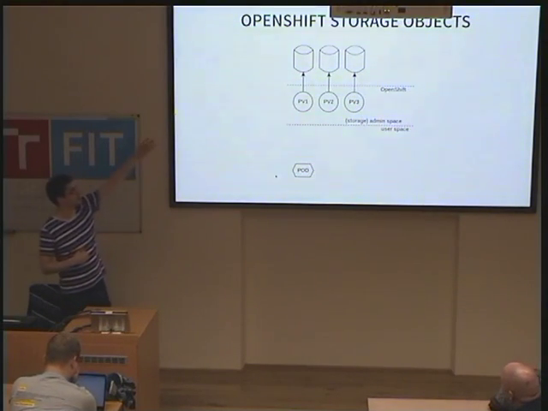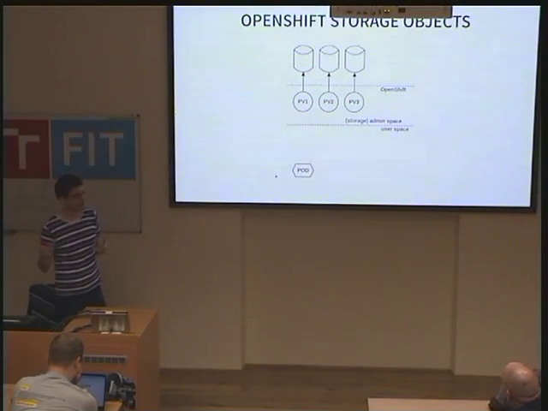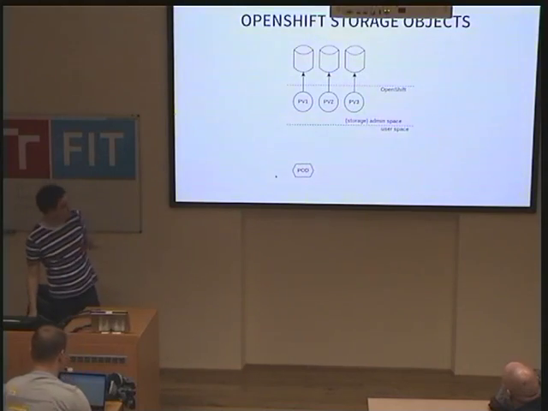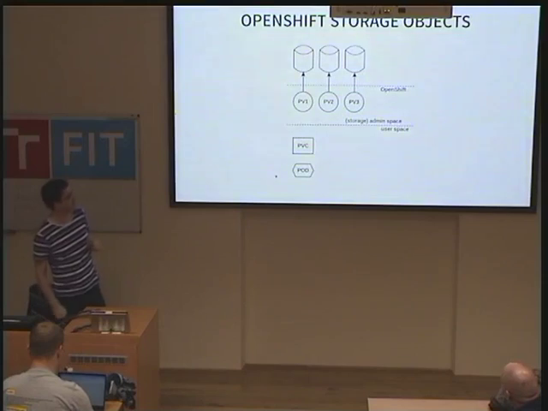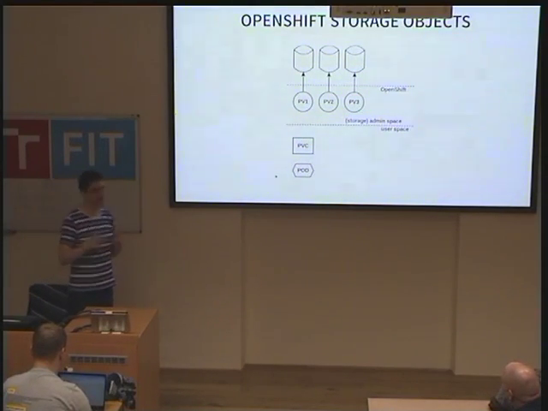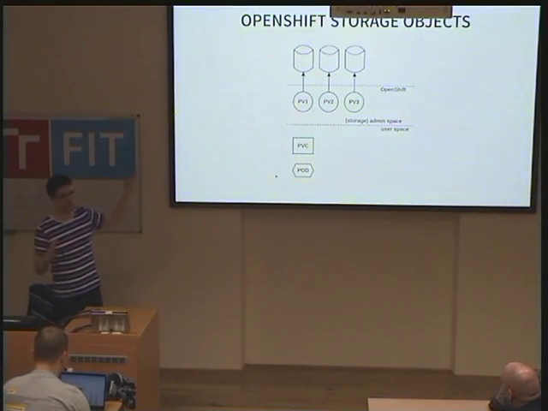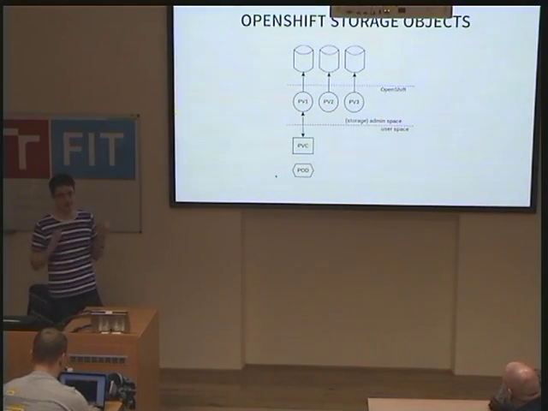So for each volume or NFS share or anything, it creates one persistent volume object that represents the storage. The user who wants to run the pod creates the claim. It's a request for storage. The user says, I want to store 5 gigabytes of data somewhere. Please, OpenShift, find me a place. And what OpenShift does, it has a sort of scheduler. It finds a volume for you.